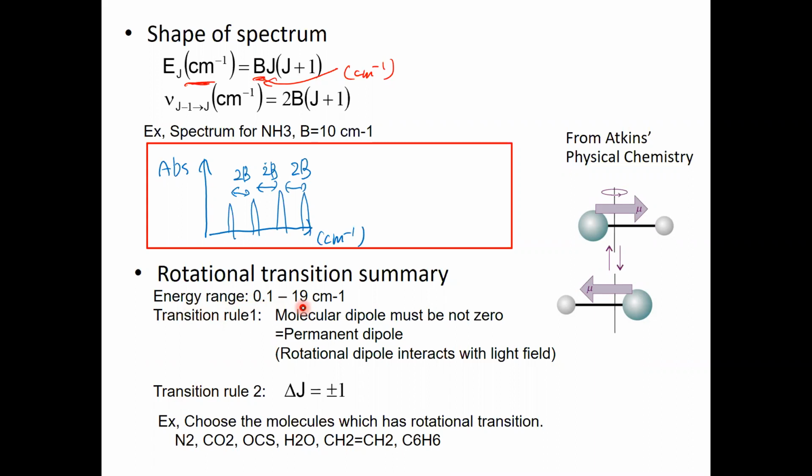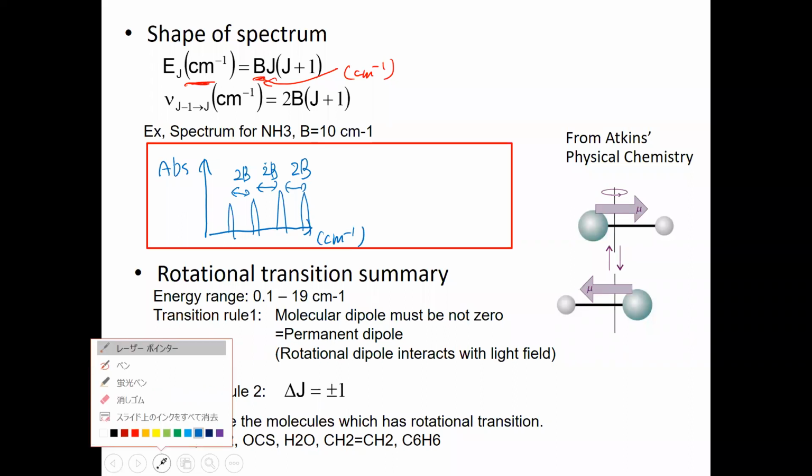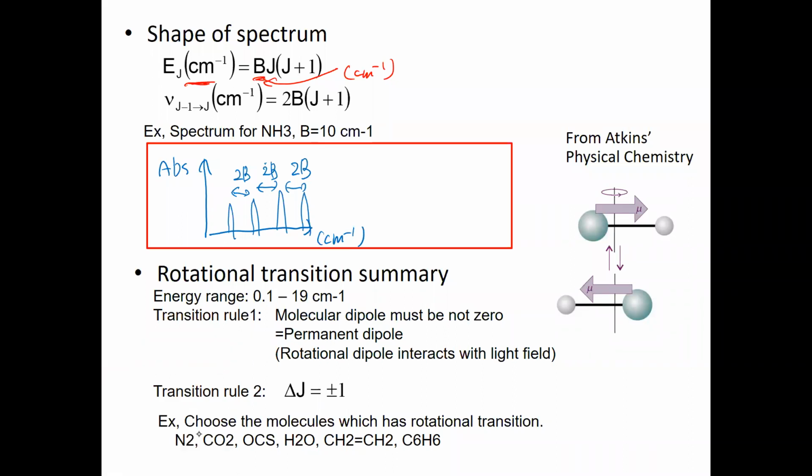This is much smaller compared with, for example, the OH vibration of water, which is typically around 3000 Kaiser, one of the most famous vibrational energies. Compared with the vibrational energy, this value is much smaller.